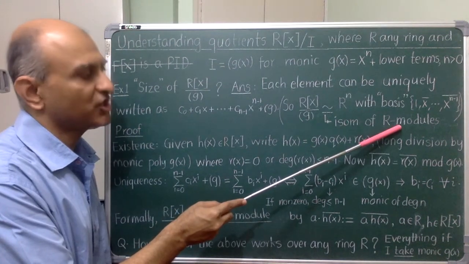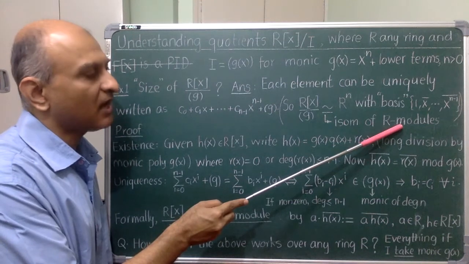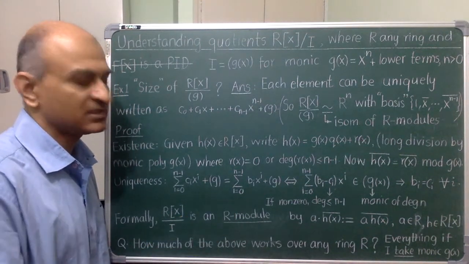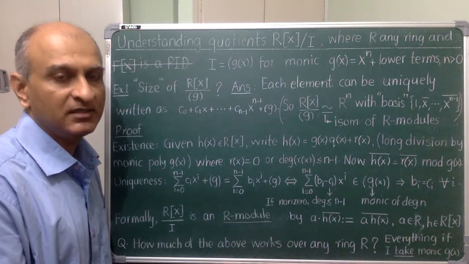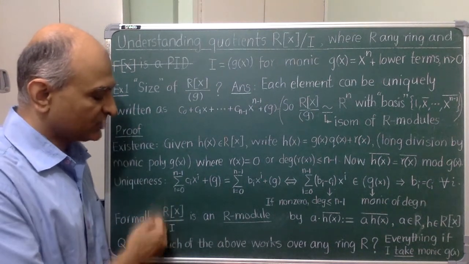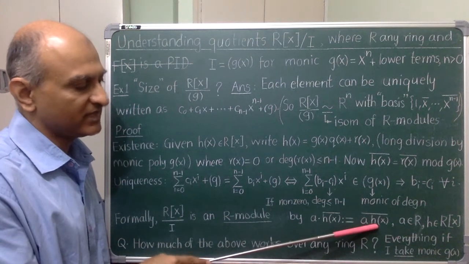Here I need a change of language. I cannot say vector space because R may not be a field. In the definition of a vector space, if I replace a field with an arbitrary ring R, then I get what is called an R-module. This quotient ring becomes an R-module exactly the same way as before.